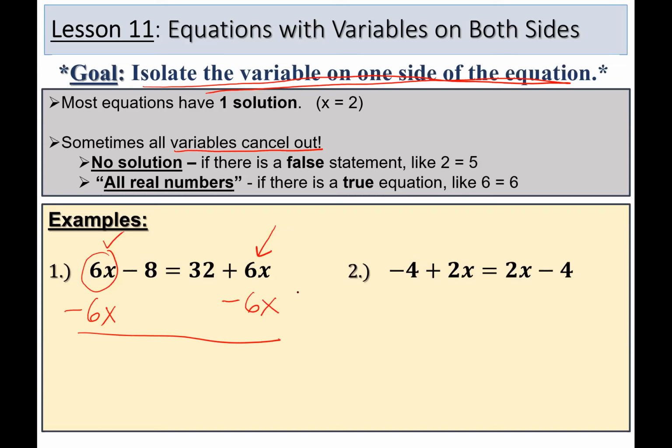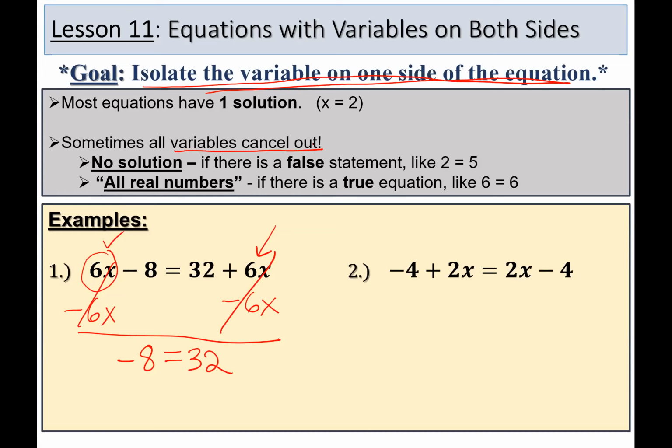Positive 6x minus 6x cancels. But here's what happens. Over here on the left side, 6x minus 6x, that's 0x. It also cancels. So it's a strange situation where, wait a minute, the x's are just gone. And all we have left is this minus 8, which we'll just call negative 8, equals 32. We can stop at this point because the variables have canceled out.